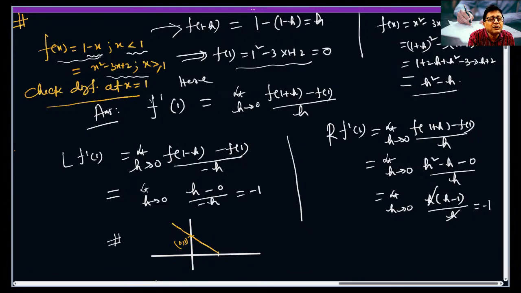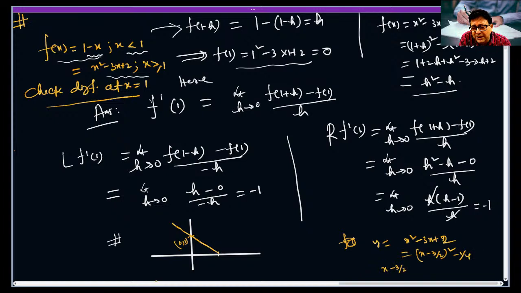And here for x greater than or equal to 1, this is a parabola, f(x) or y equal to x square minus 3x plus 2. This you can write as (x minus 3 by 2) whole square minus 1 by 4. So (x minus 3 by 2) whole square is y plus 1 by 4.